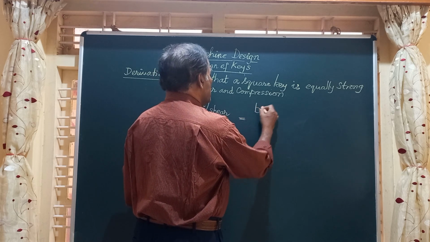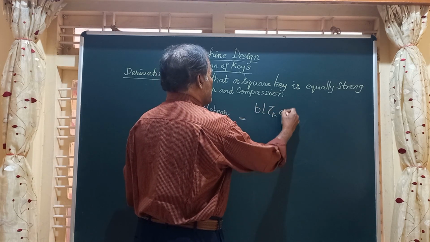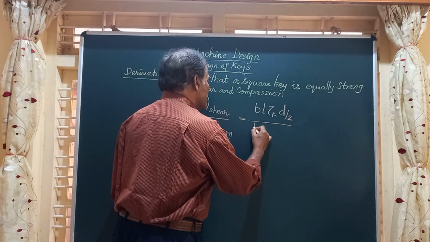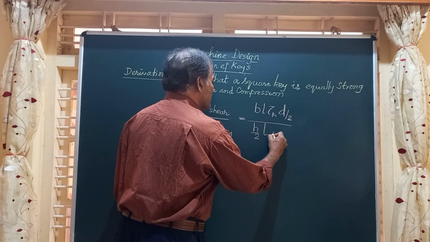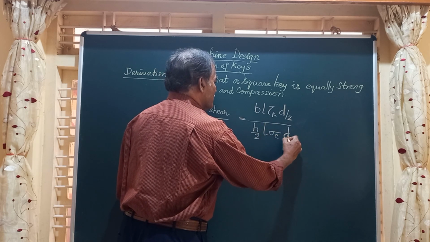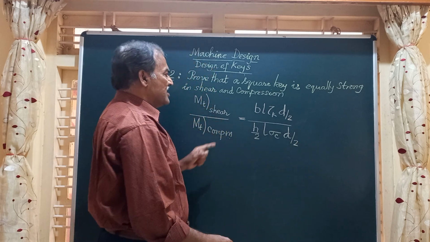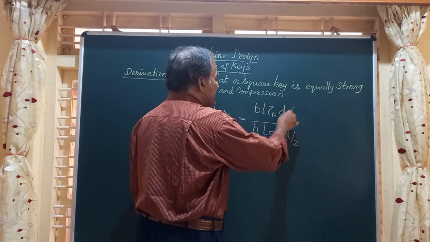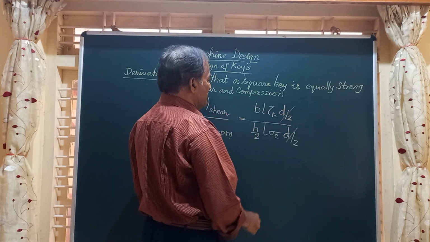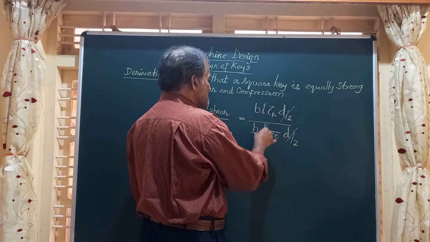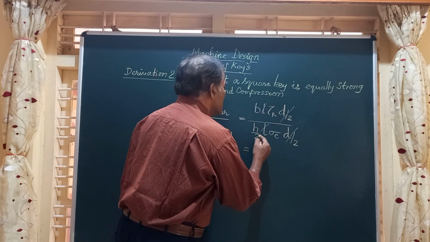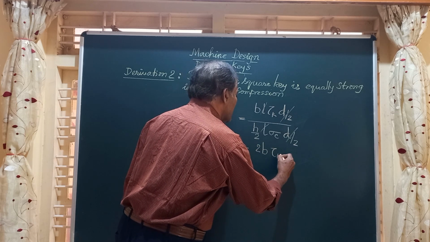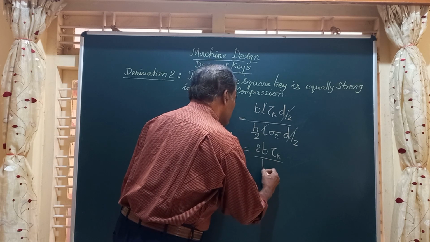This is b L tau_k d/2, and for the crushing, it is h/2 into L into sigma_c into d/2. Friends, you can cancel similar terms and simplify this expression. d/2 gets cancelled in both the numerator and denominator. L gets cancelled, and you are left with b in the numerator. You will have 2b tau_k divided by h times sigma_c.